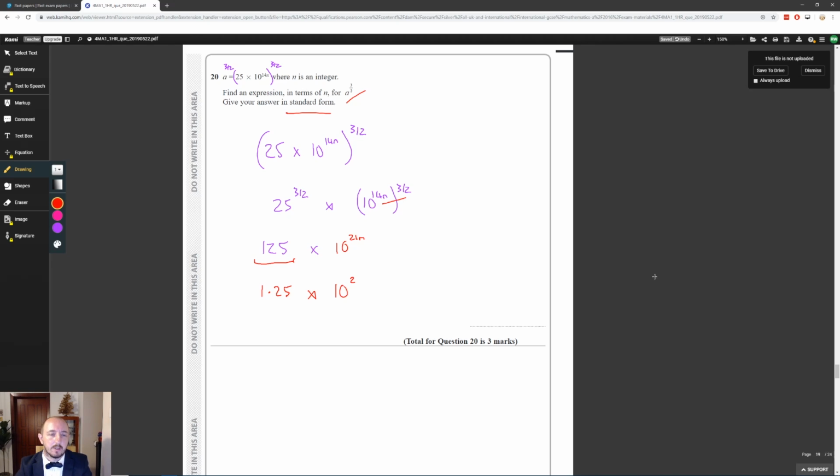So we would add 2 to the power, because 10 squared is 100. A little bit strange, that one, but hopefully you can see that I've gone from 125 down to 1.25, so I would add 2 to the power.